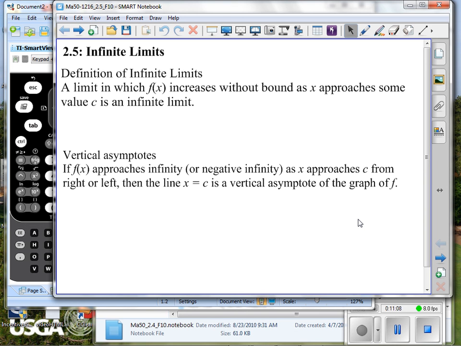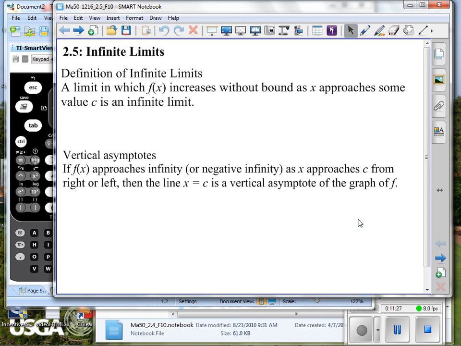So we can't do that. But let me just tell you, there's another opportunity to talk about limits, and it's another way of thinking about infinity with limits. This one, though, is one of those two ways. We're going to see here in just a little bit exactly what it is.